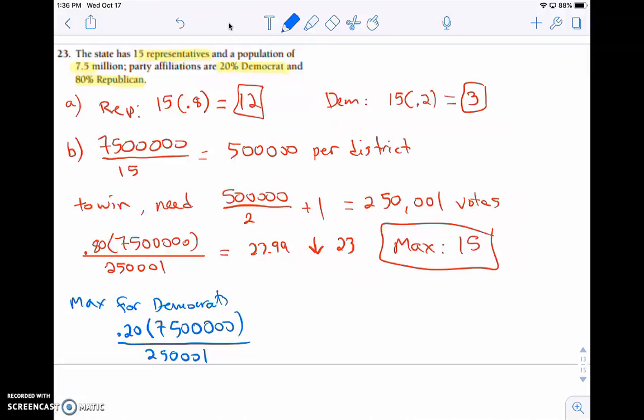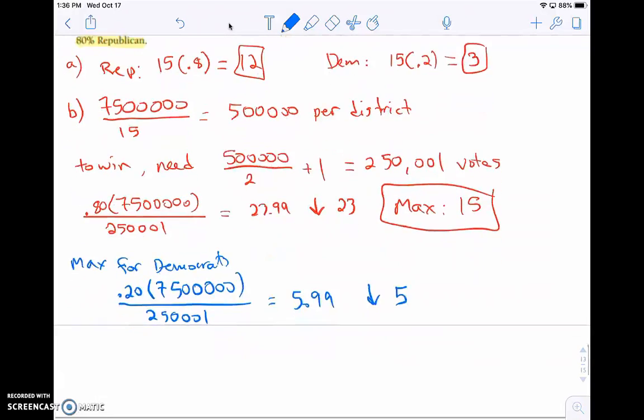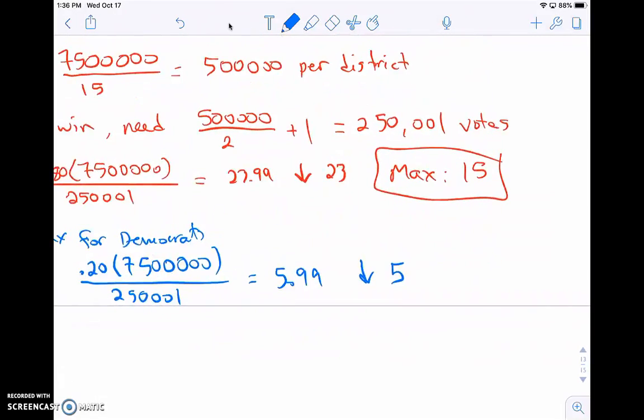This will tell us how many they could potentially win, which is 5.99. So they didn't quite get to 6, rounded down. The maximum that the Democrats could win is 5 in this case, with their 20% having the party affiliation of Democrat.